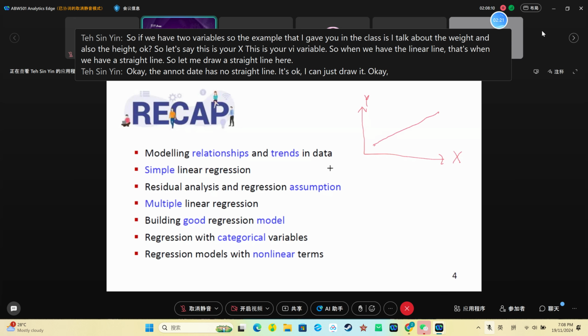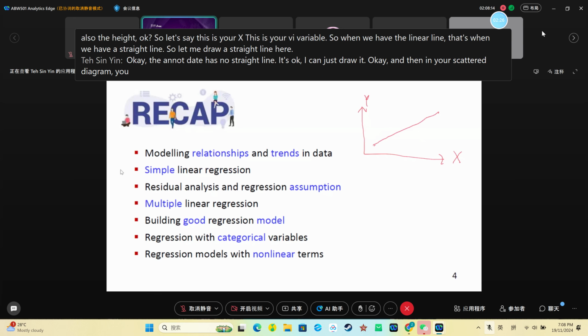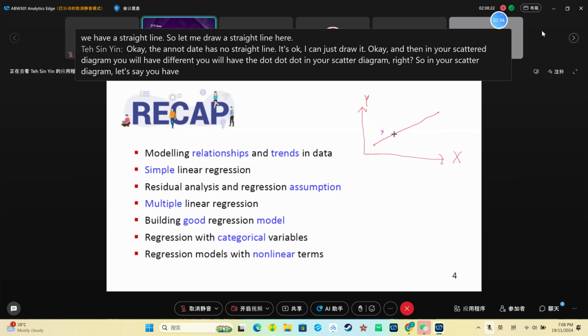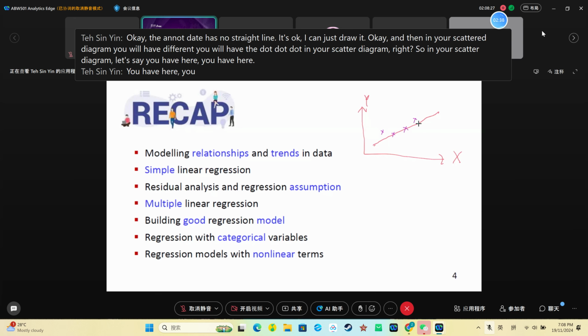And then in your scatter diagram, you will have the dot, dot, dot, right? So in your scatter diagram, let's say you have here, here, here, some maybe below it. Most of them will touch the line there.